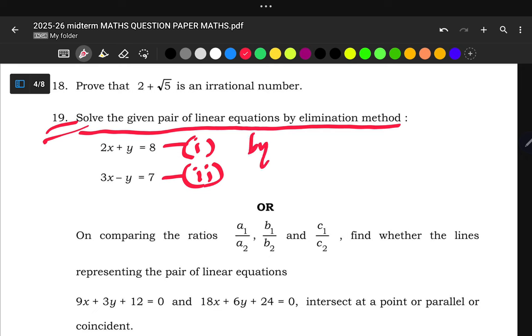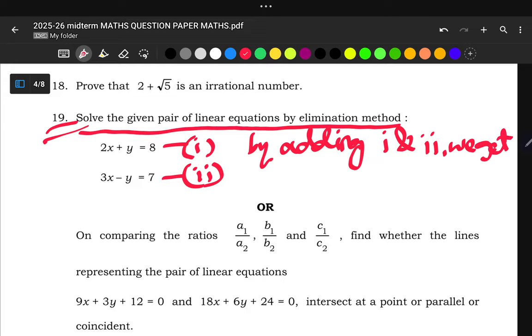By adding 1 and 2, plus y and minus y cancel each other, and here 2x plus 3x becomes 5x. Here 8 plus 7 is equal to 15.